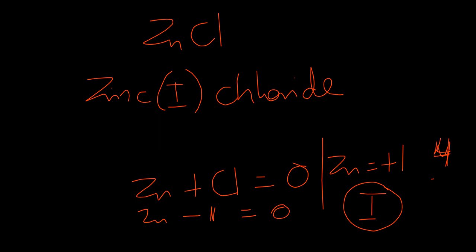Then the next step is to go to the second part of the compound and name it in its ide form. If it's chlorine, it will be chloride. If it's sulfur, it will be sulfide, and it will go on like that. That's how you name simple binary compounds.